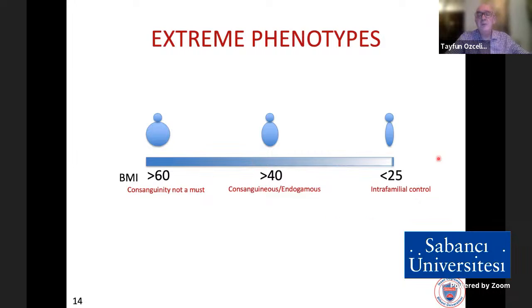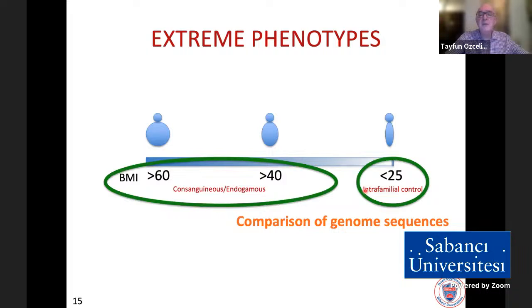And then, of course, intrafamilial controls with a body mass index of below 25 was something that we wanted in our families. So what we did is we compared the genome sequences of people with low body mass index versus high body mass index.